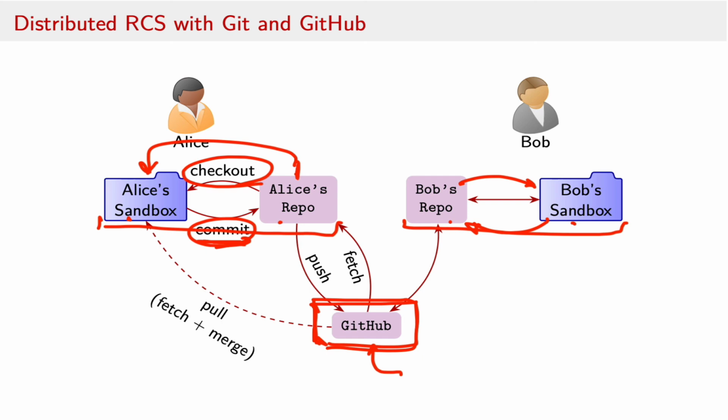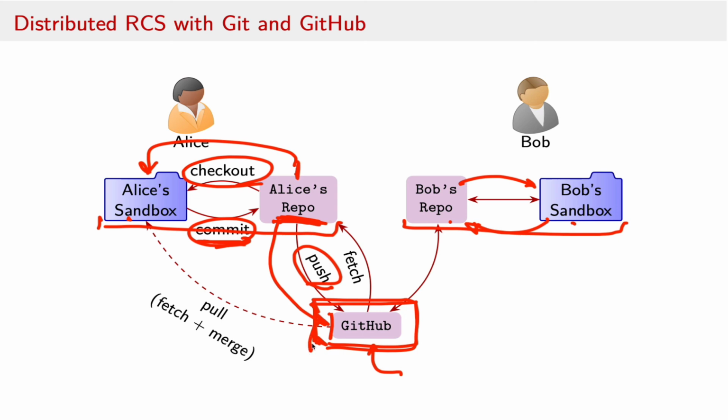So for example, when Alice is ready to share her changes with another repository, she'd use a command called push. And that's going to basically take the changes in her repository and push them out to this other repository so that it now has the same information in it that Alice's repo had, plus any other information that someone else might have pushed to it previously.